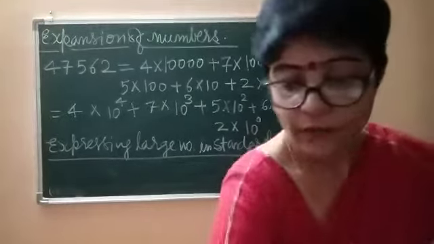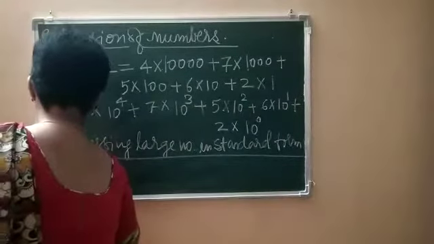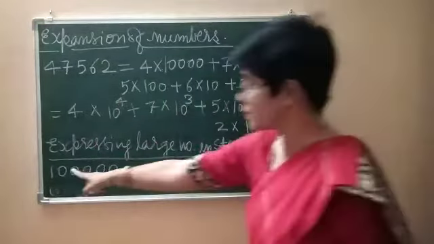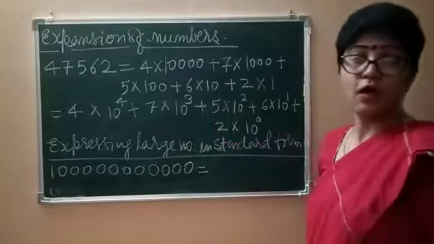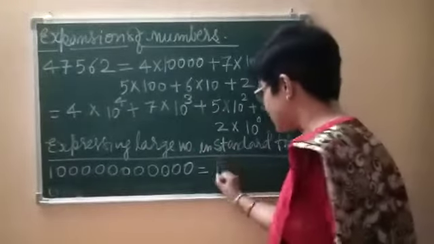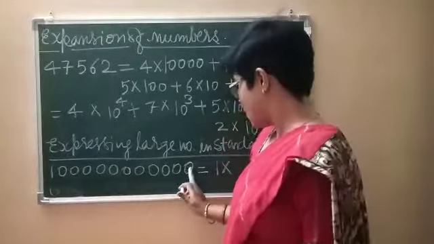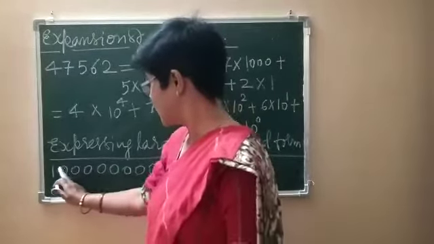Alright, if you have a number like this, this much long number, how will you write it in standard form? 1 into, how many zeros are there? 1, 2, 3, 4, 5, 6, 7, 8, 9, 10, 11.